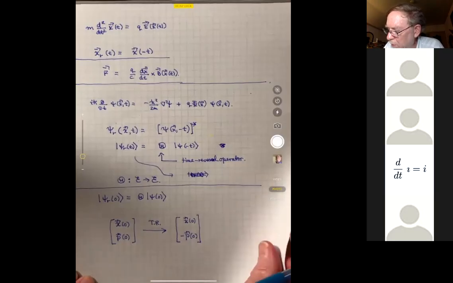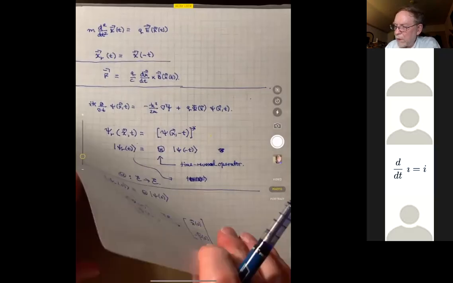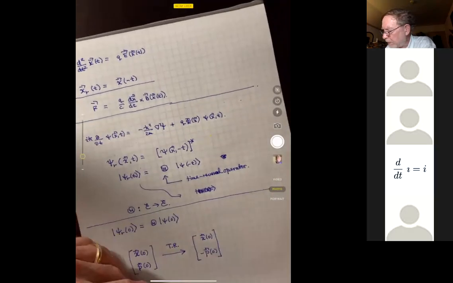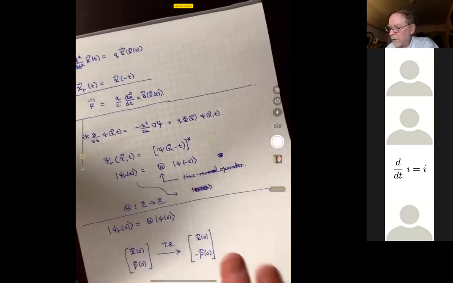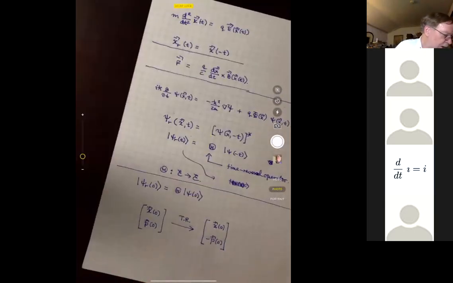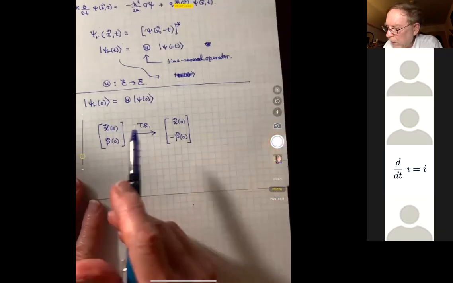So in comparison to the quantum problem, given that theta maps initial conditions of one into the other, what this suggests is that the time reversal operator ought to satisfy certain conjugation relations, namely, this was a classical relation here.